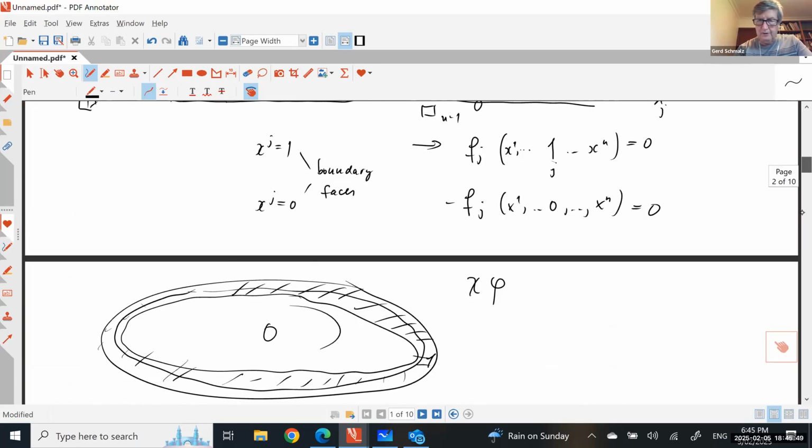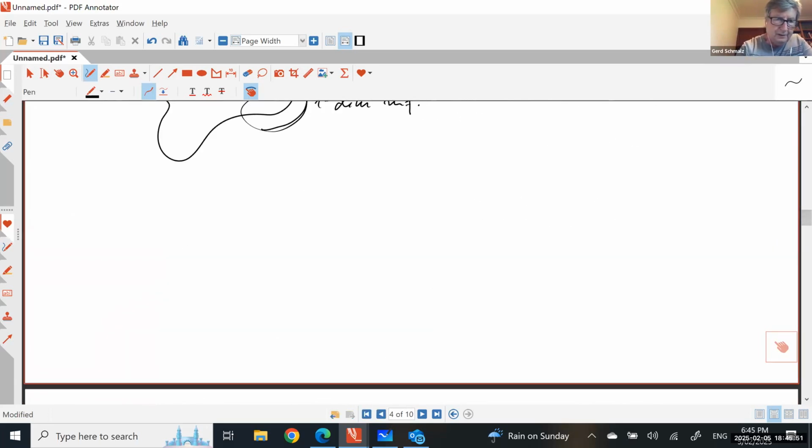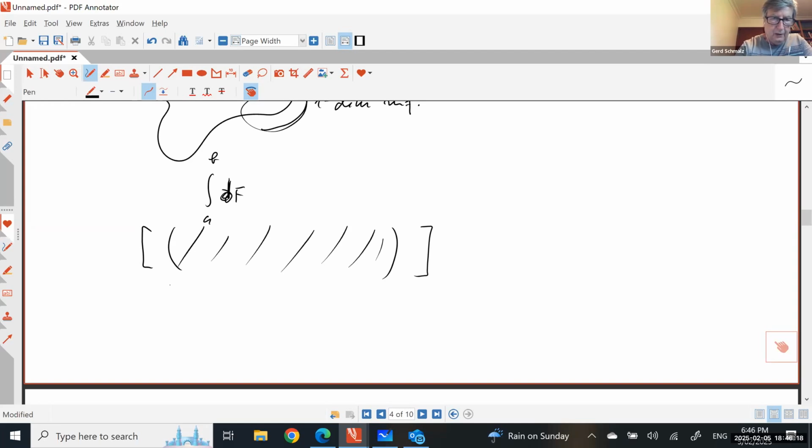So you could also think of this if you have some integral of some function df, which you integrate from a to b, then it doesn't matter what this function does inside here. It does not matter at all. All that matters is f of b and f of a. So everything inside does not matter.